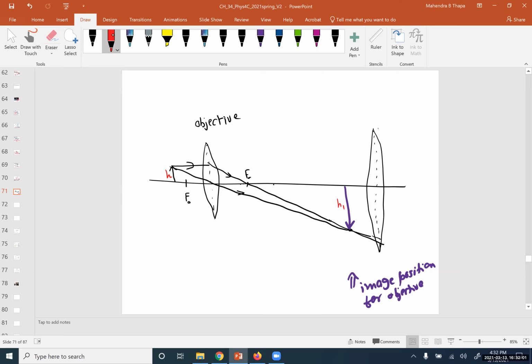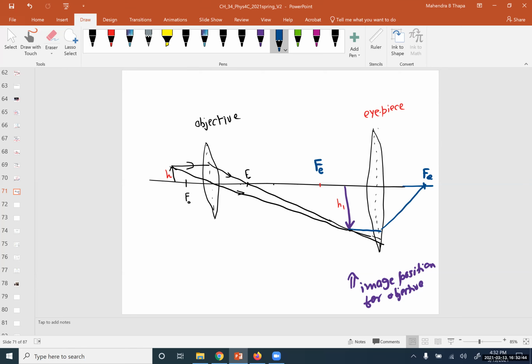So this should be inside the focus point for the eyepiece. So this is the eyepiece, this is just the name of the lens. So you know that rays parallel to the principal axis. Say this is the focus for the eyepiece, so I write FE. So one ray again parallel to the principal axis passes through focus.